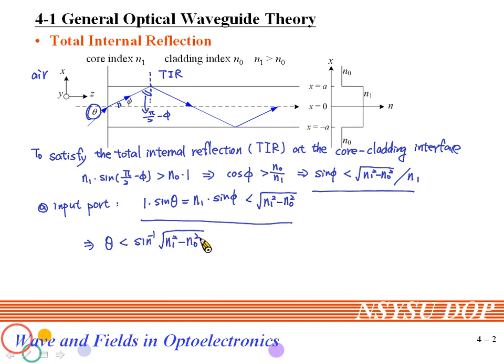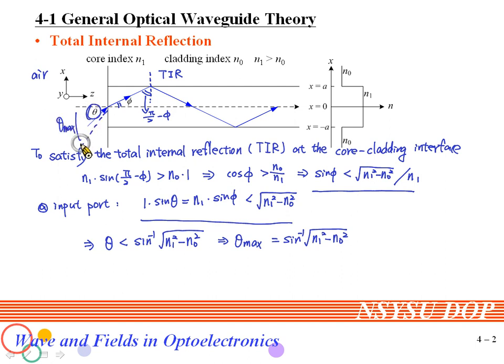So to efficiently induce the TIR here, theta has a maximum value. So theta max will be arcsine of square root of N1 square minus N0 square.